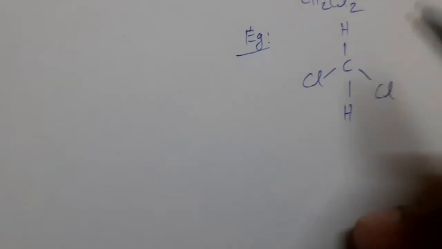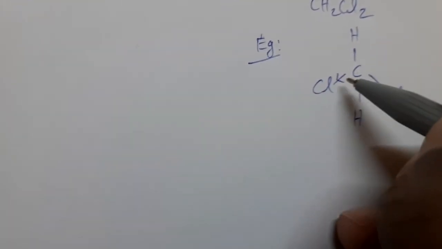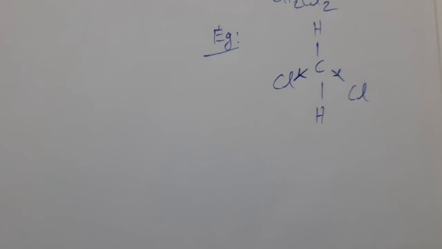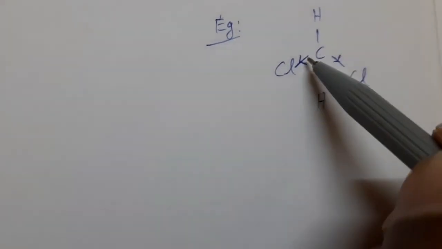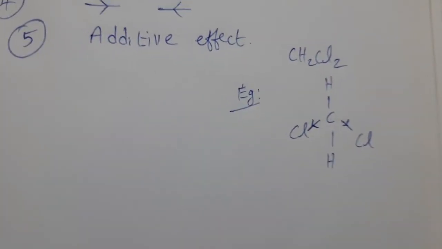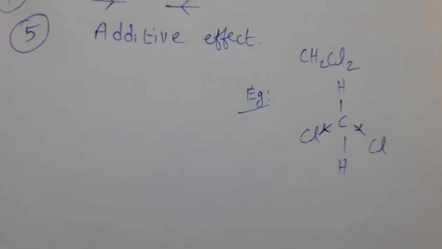Then displacement of sigma electrons takes place towards chlorine. Here also in this way. So this polar covalent bond has some inductive effect, and based on this we can get the resultant inductive effect. In this way, inductive effect is an additive effect, that means it is related to direction.